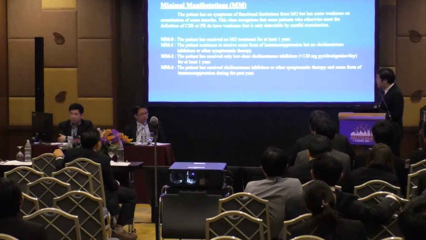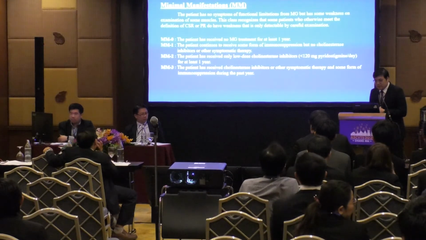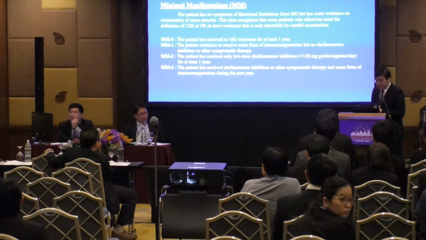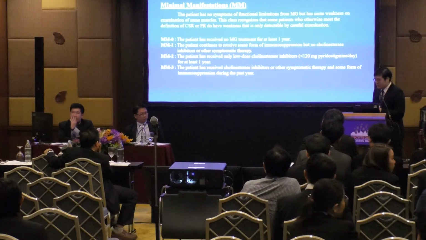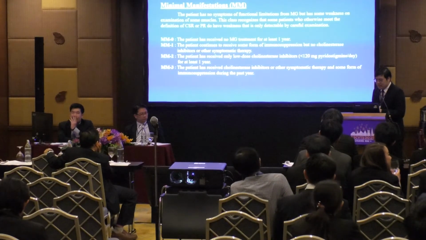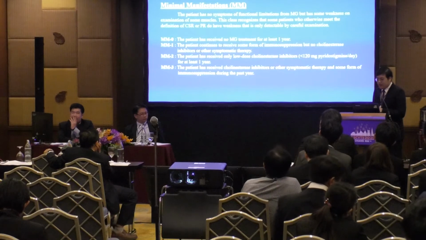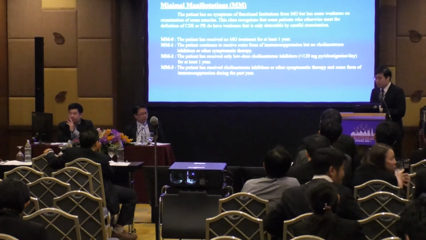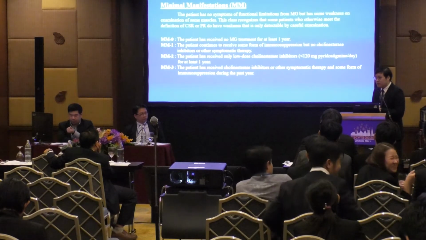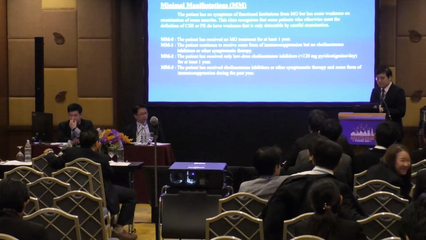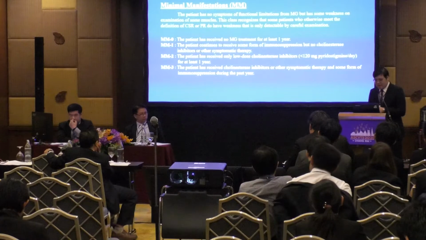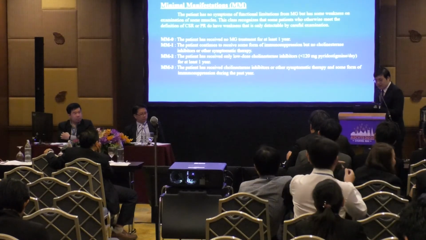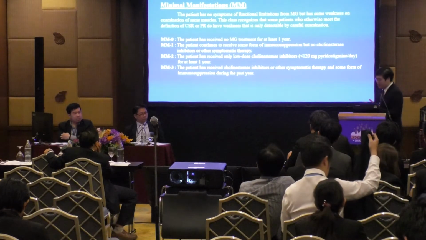The other group is minimal manifestation. That means this group has no symptom of functional limitation from MG, but has some weakness. That means this group will have minimal clinical MG. That's divided into MM1, MM2, MM3 as in the table.